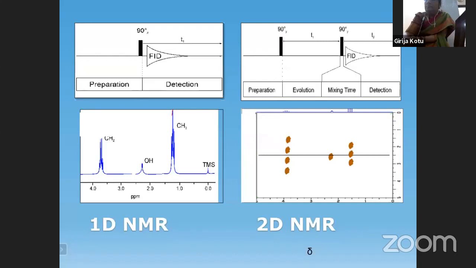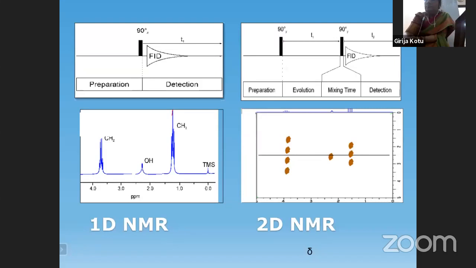Three signals are seen on the x-axis: CH2 downfield, then OH, then CH3. And if you closely observe the signals in 1D NMR, the signals are split, CH2 as a quartet and CH3 as a triplet. The distance between successive lines is nothing but J.